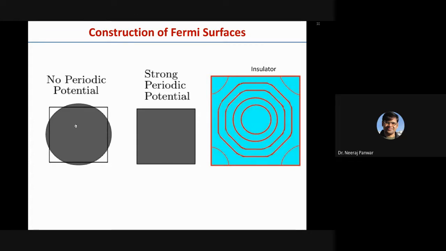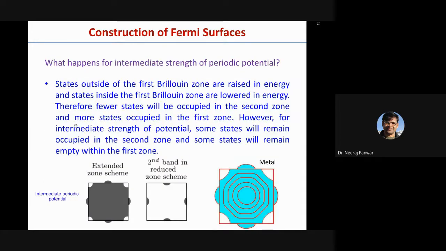If we switch on a periodic potential of intermediate strength, then what is going to happen?